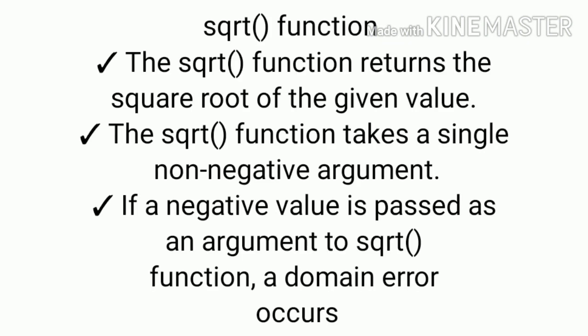The next predefined mathematical function is sqrt, that is the square root function, which is mainly used to find the square root of the given value. And also it takes only a positive value, that is a non-negative argument. If we give a negative value, it produces an error, that is a domain error occurs.